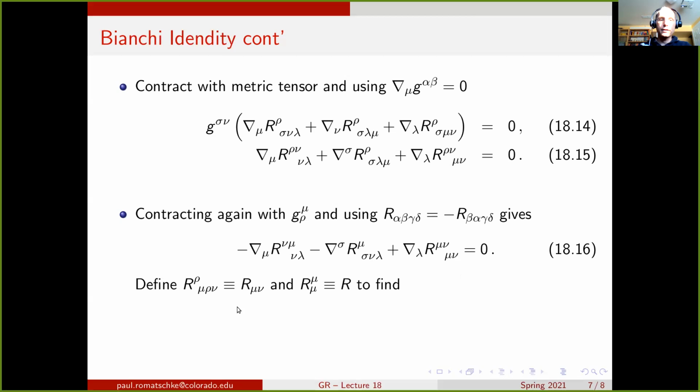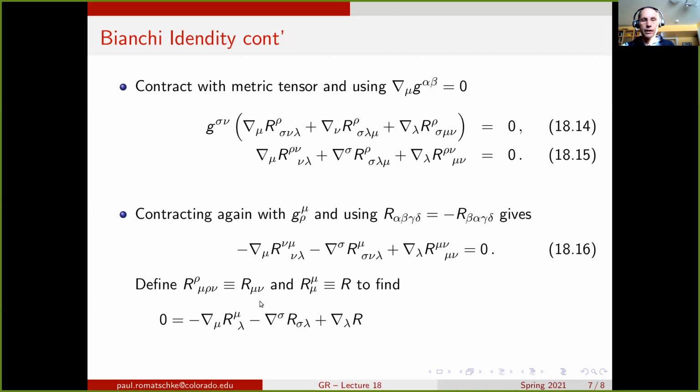Okay, so if we then define a particular contraction of these R's as appearing in this equation by introducing some more shorthand notations, we find the following results. In particular, if we define the contraction of the first and third index to be R mu nu, and if we define the complete contraction of this as R, we can recognize this thing to be R, and these just be cases of R mu nu. So in particular, we find here that we have this first term being R mu lambda.